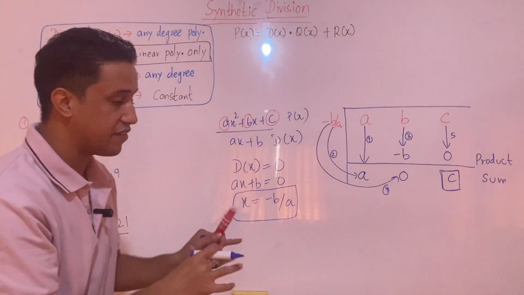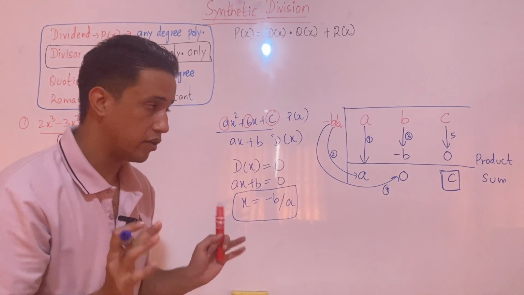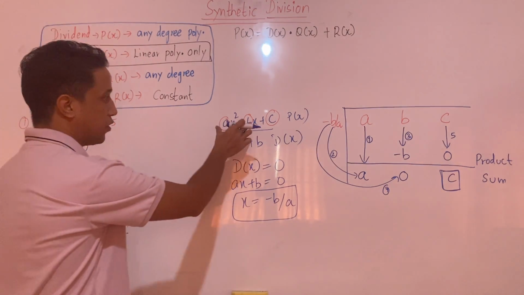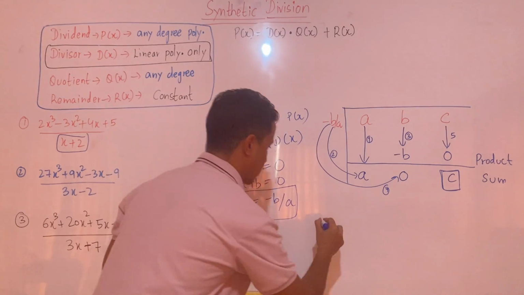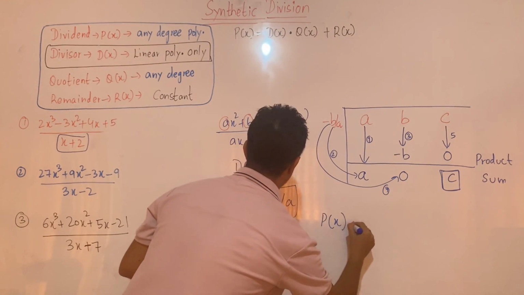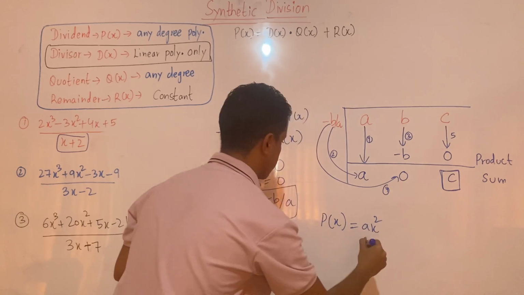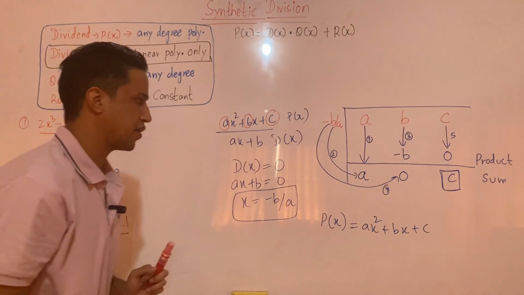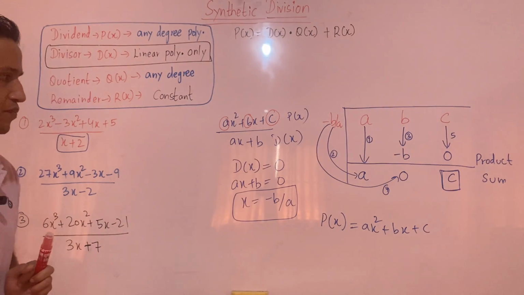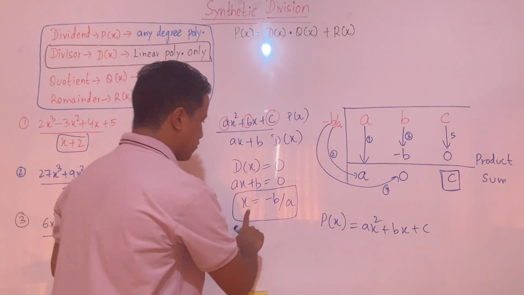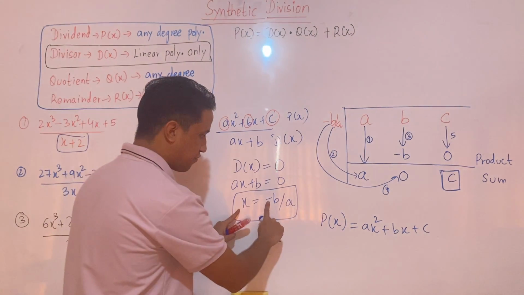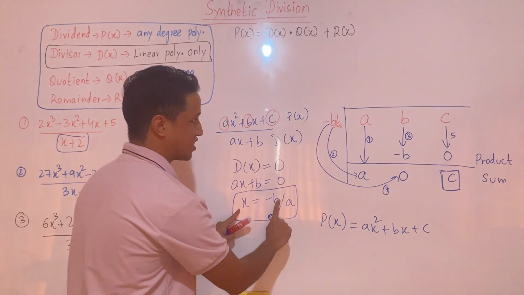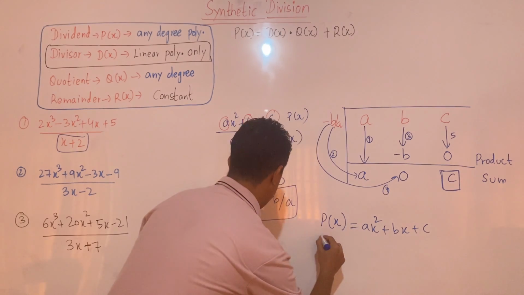Let's check if it is true or not. The best way to check: the given polynomial expression is Px equals ax square plus bx plus c, right? So if you put the value of x equals minus b by a in this expression, what would happen?